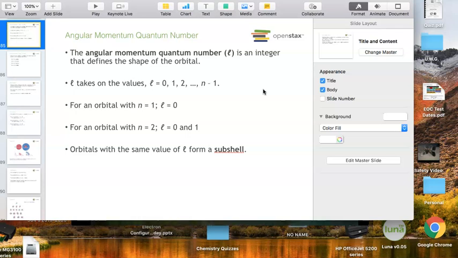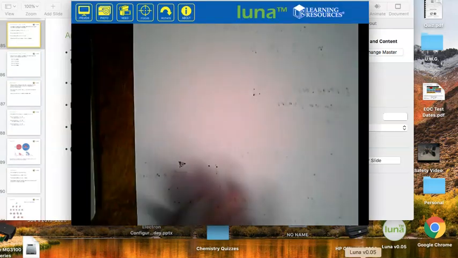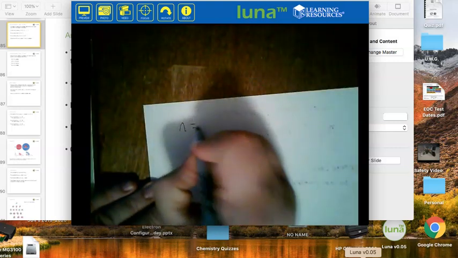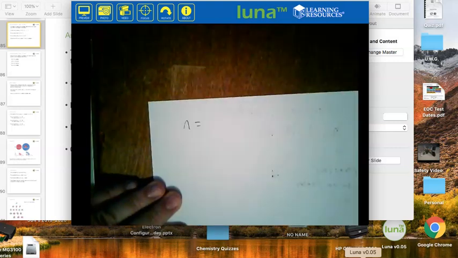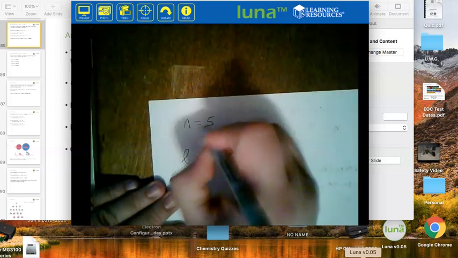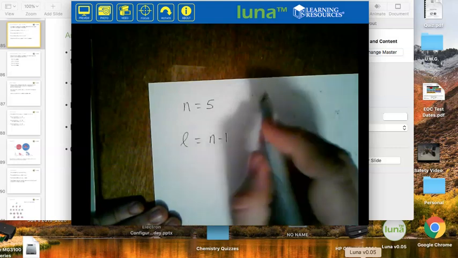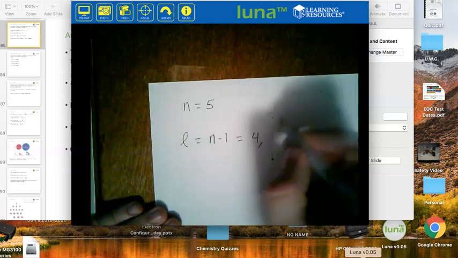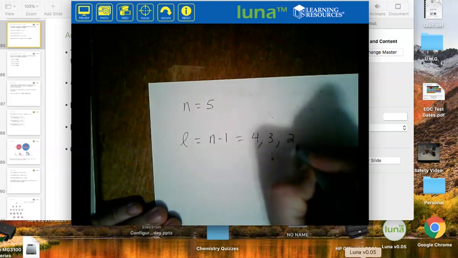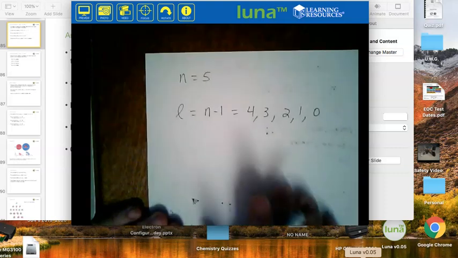All right, so let me give you some more examples here. Let's say n equal to 5. So L is equal to n minus 1, which is 4, and then 3, and then 2, and then 1, and then 0.